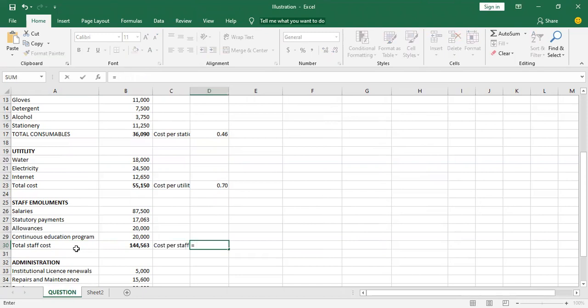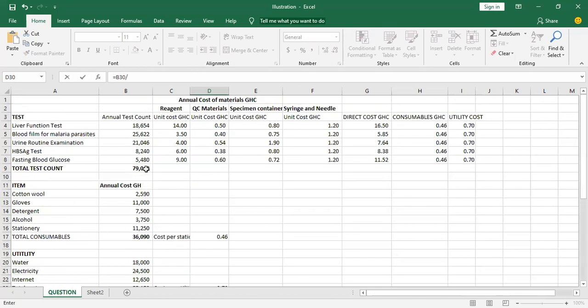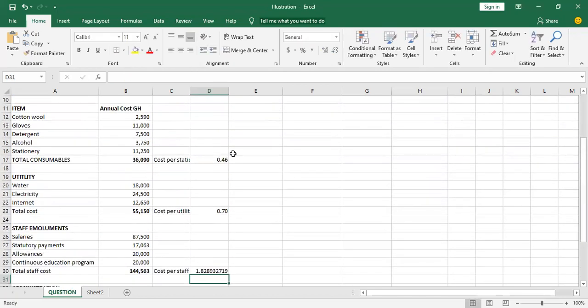That is going to be total cost divided by total test count, or cost per test. Sorry, staff cost per test.